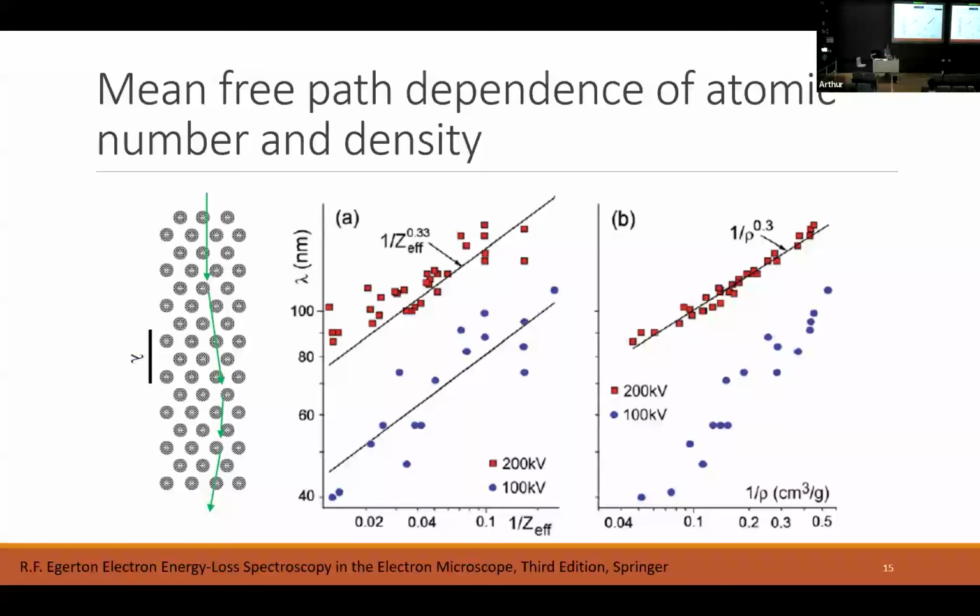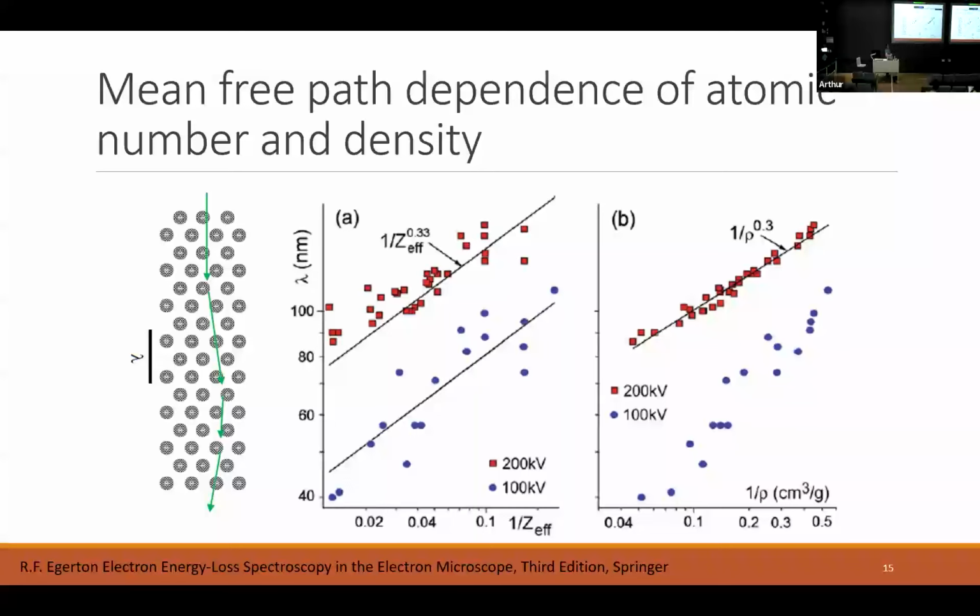So that's what these plots here are showing: we do have a fairly contained distribution of the distance, which we call our mean free path, versus the atomic number, or effective atomic number in this case, because we might have a compound of some description. It's not just a pure element, or the density.